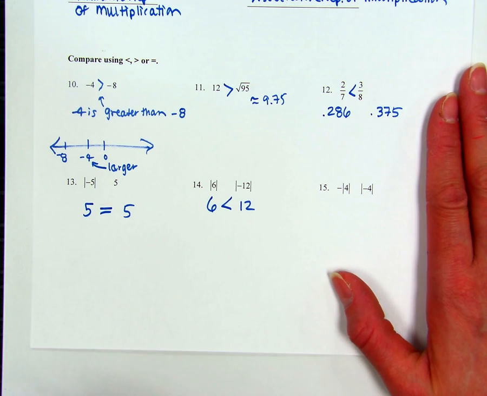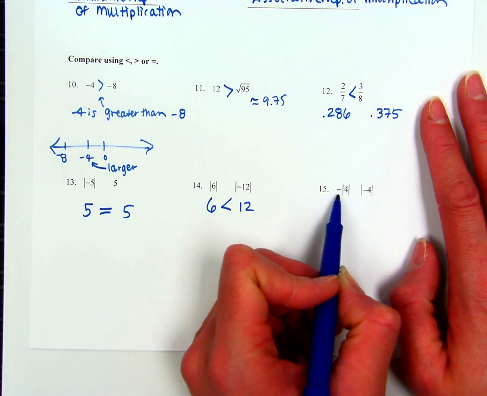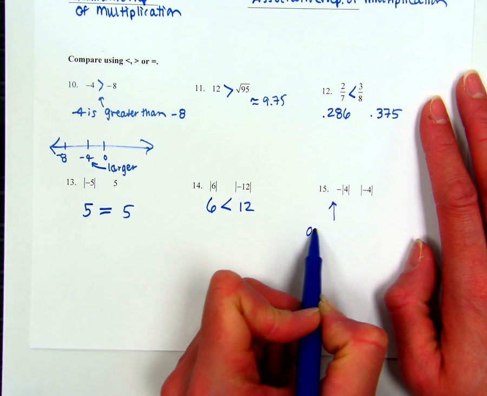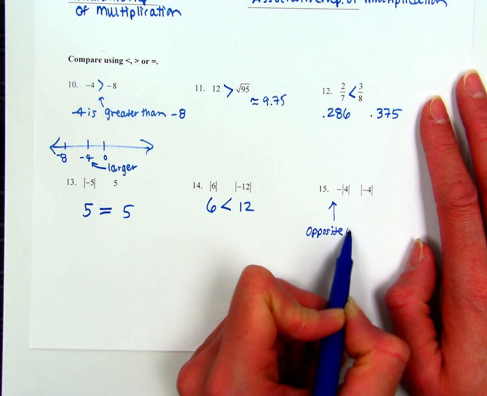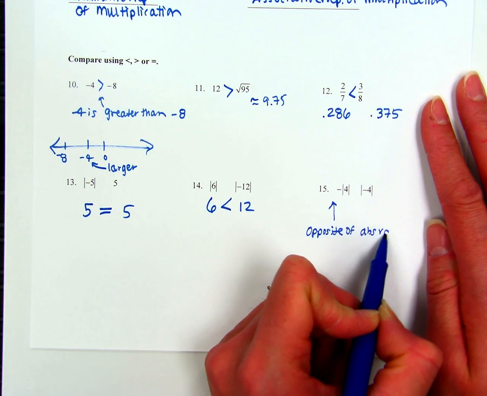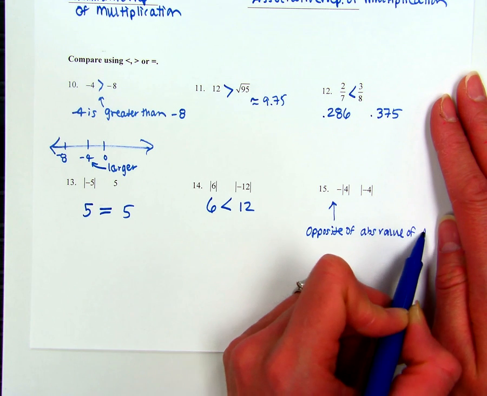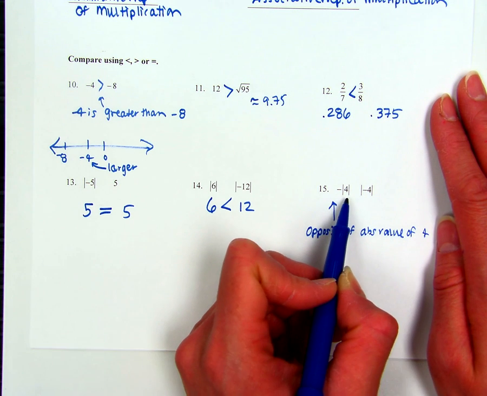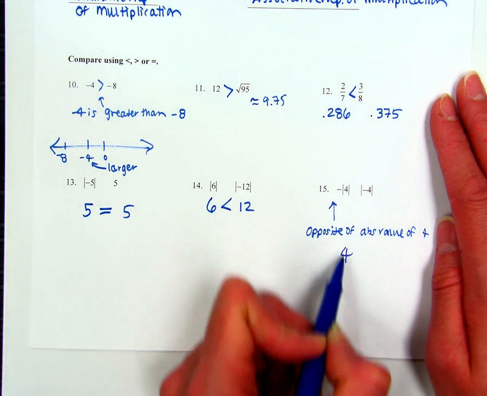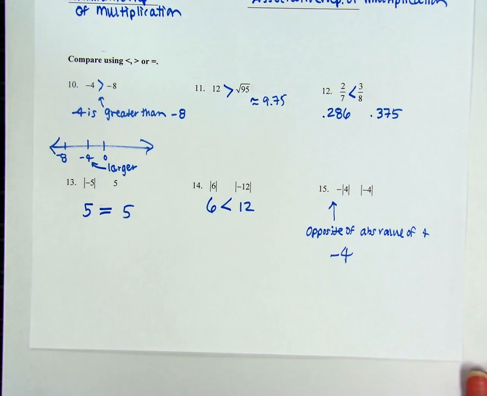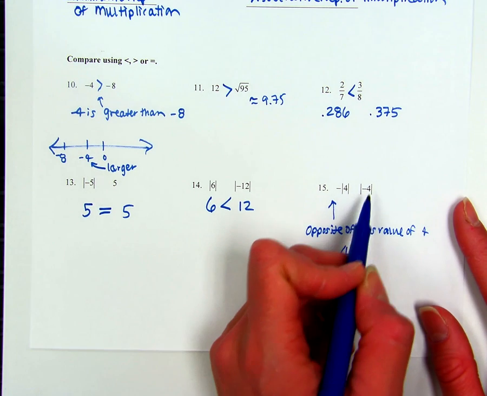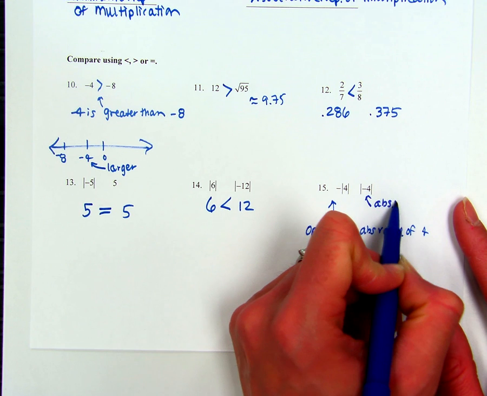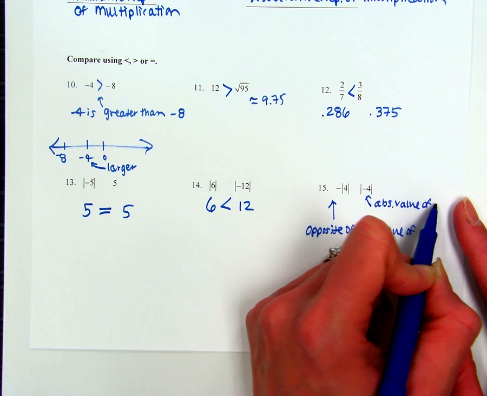And then number 15, so this one is saying what is the opposite of the absolute value of 4? All right, so the absolute value of 4 is 4, but we want the opposite of that, so we're going to have -4. This side is saying what is the absolute value of -4.